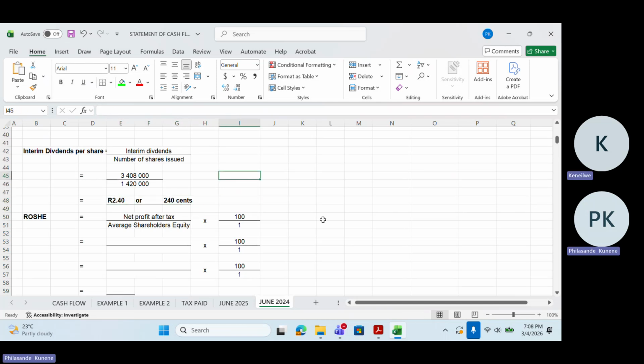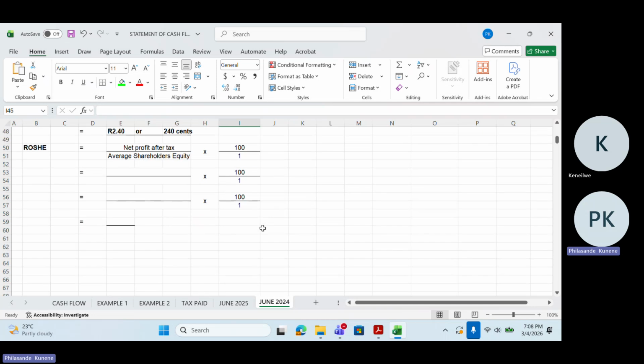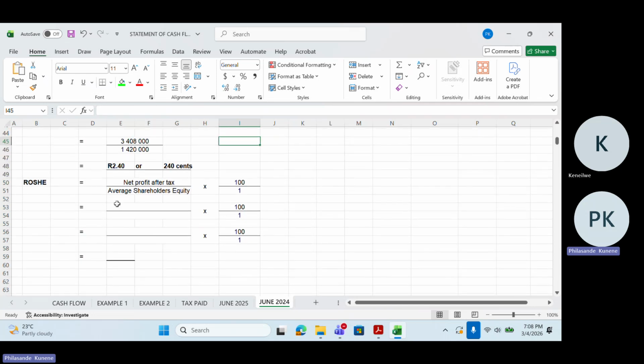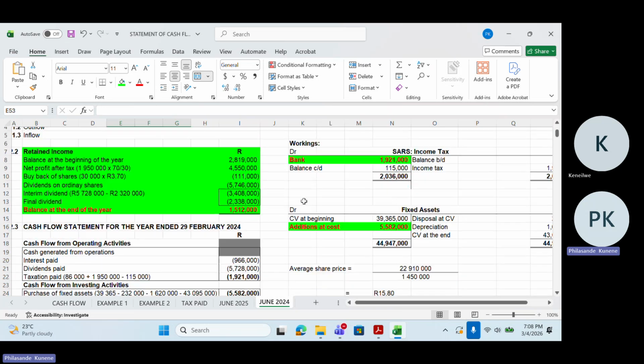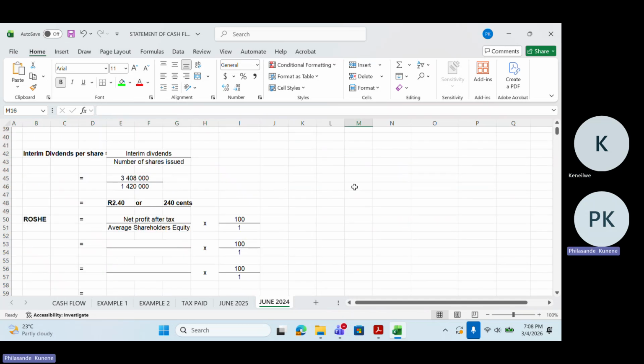Yeah. Okay. Return on shareholders' equity: net profit after tax over average shareholders' equity multiplied by 100. Okay, how much is our net profit after tax? We did calculate the net profit after tax, which is 4,550,000. You remember that? 4,550,000 rand.